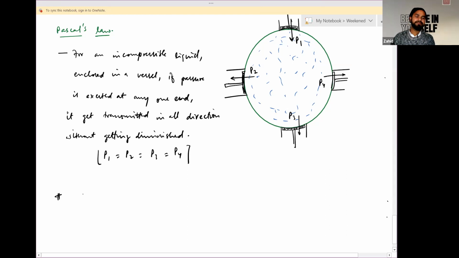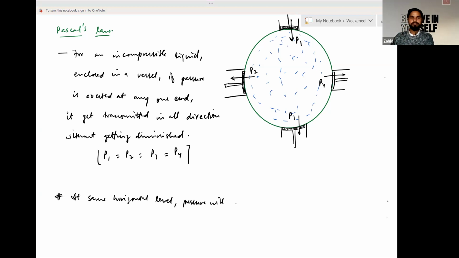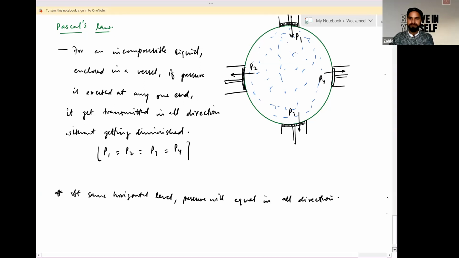In the next part, it will say that at the same horizontal level, pressure will be same in all directions.